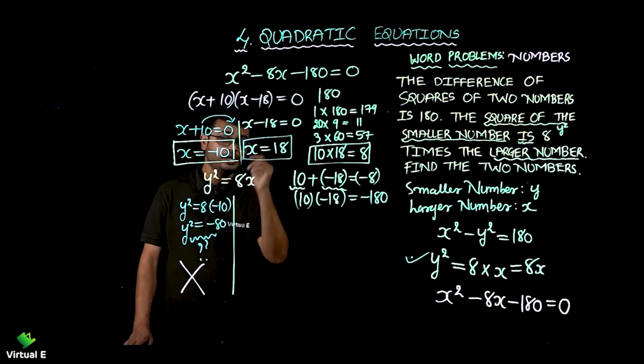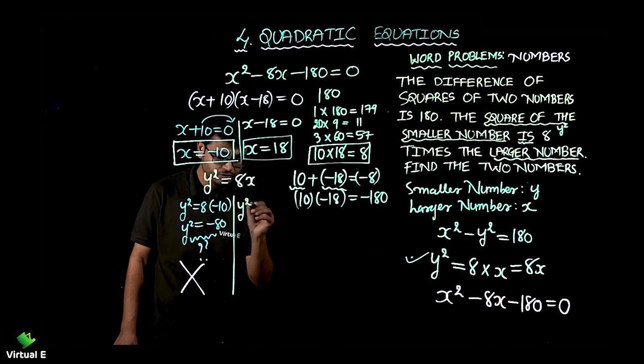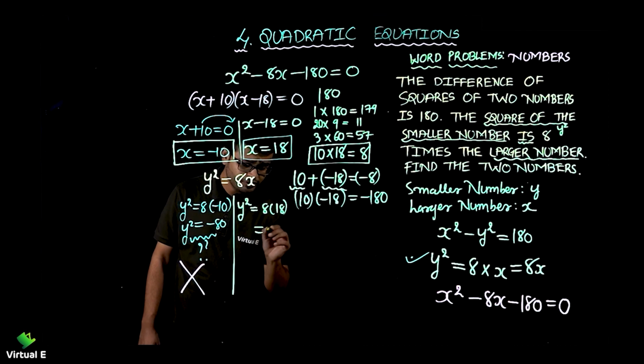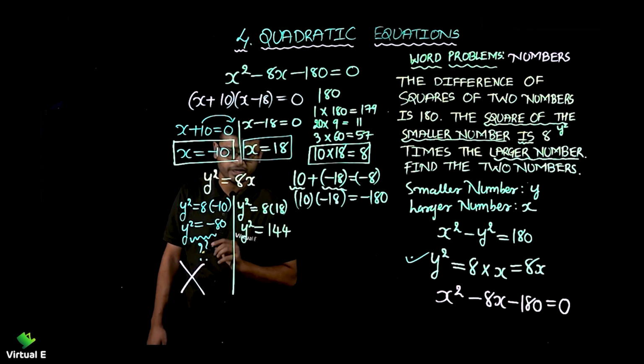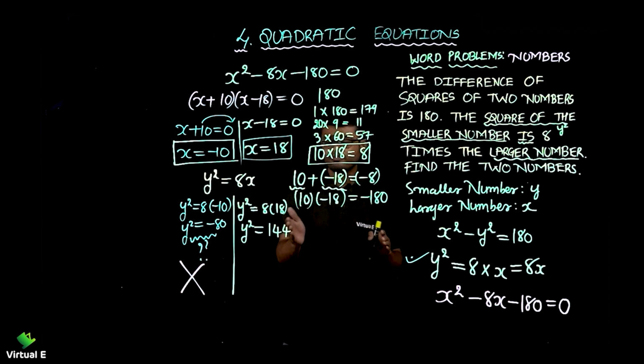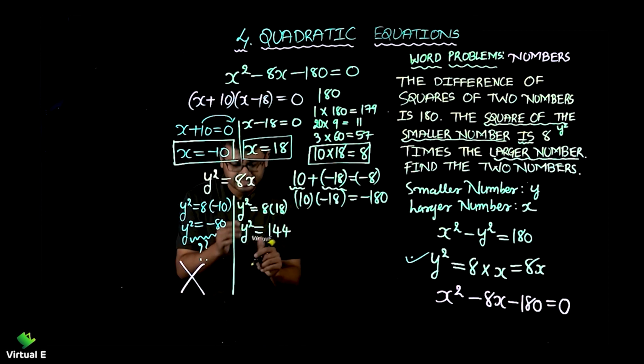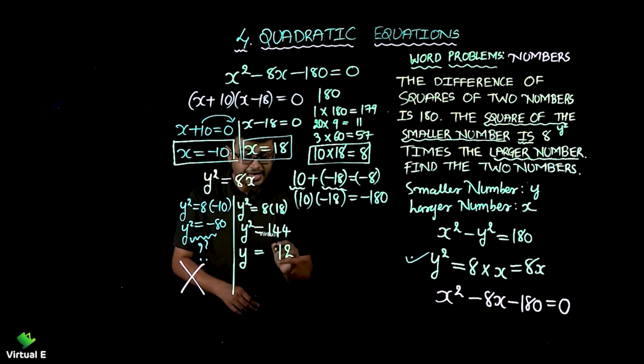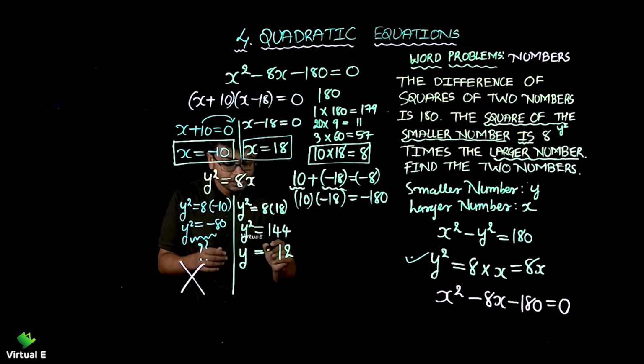x is equal to 18. So here also y square is equal to 8 into 18. That will give you 144. Y square is equal to 144. You know what is the square root of 144? Yes, it is 12. And as we are taking square root, it will be plus or minus.